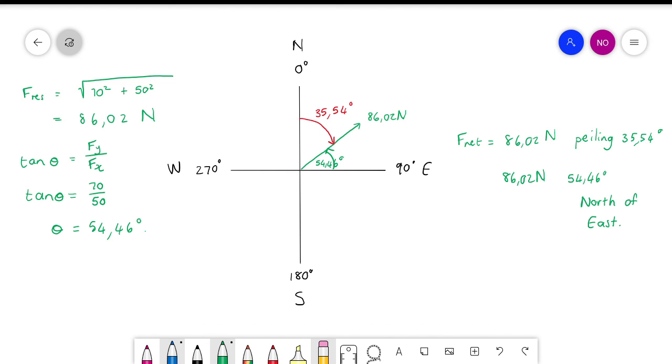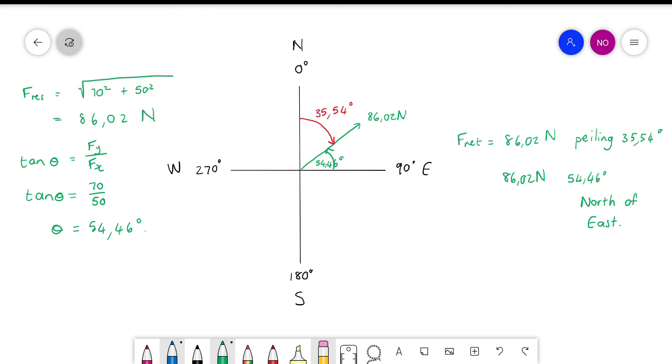Jy begin op oos en dan gaan jy 54 grade na noord toe. Nee? Oos en dan gaan jy na noord toe. So is ergens tussen noord en oos. But you always start on the horizontal.